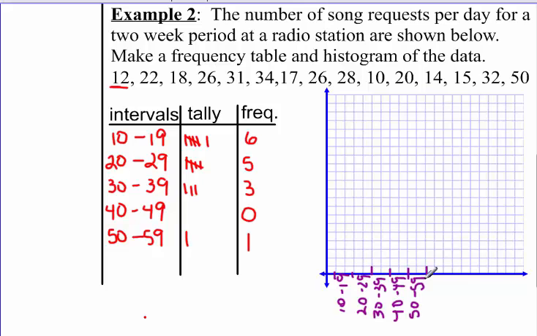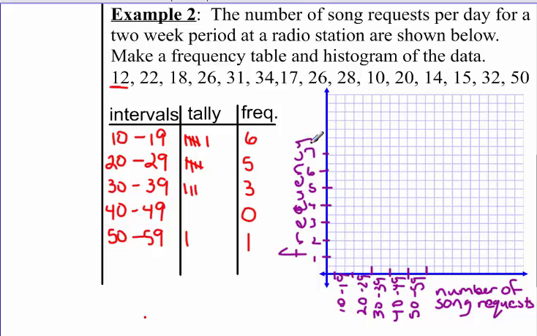Be sure you also describe what that data represents. So in this case, these are number of song requests. So you would label that on your x-axis. On the y-axis is where we have our frequencies. So it'll be 1, 2, and so you just count. And that would be labeled as a frequency.